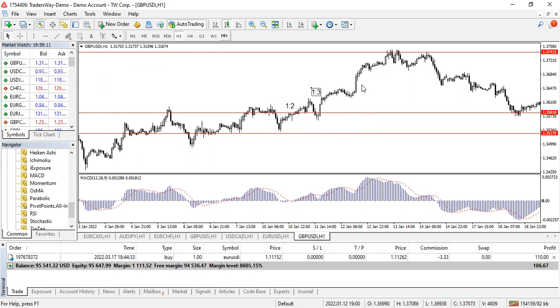If it is 1 to 4 risk reward ratio, you are sacrificing $100 to earn $400. It depends on how much you are trying to risk. If I'm trying to risk $50 to earn $100, this is 1 to 2 reward ratio. If I'm trying to risk $50 to earn $150, it is 1 to 3 risk reward ratio.